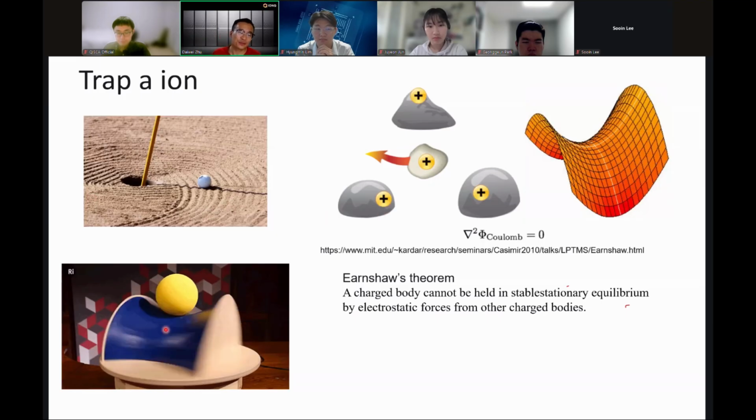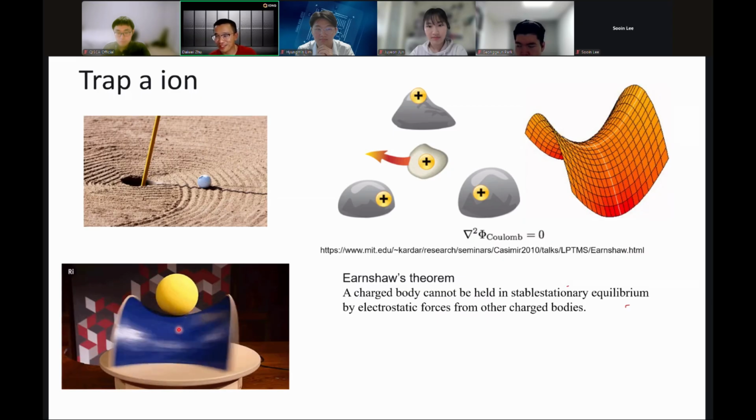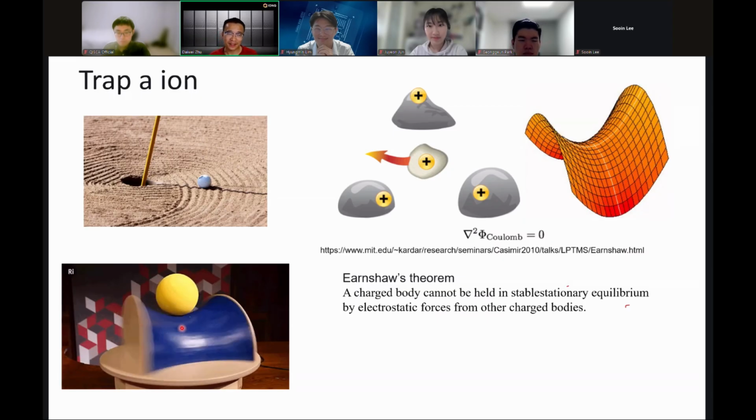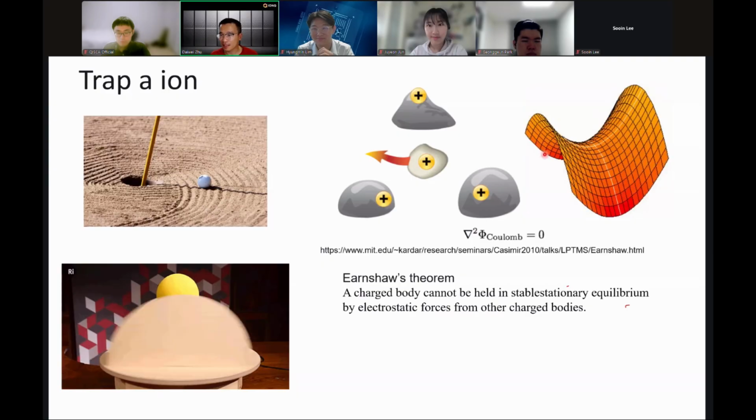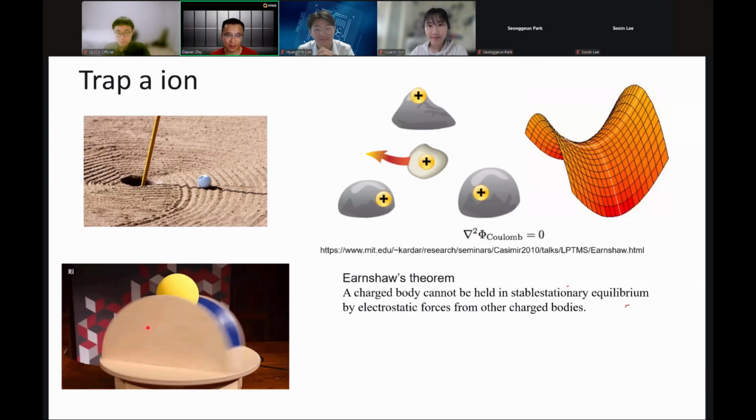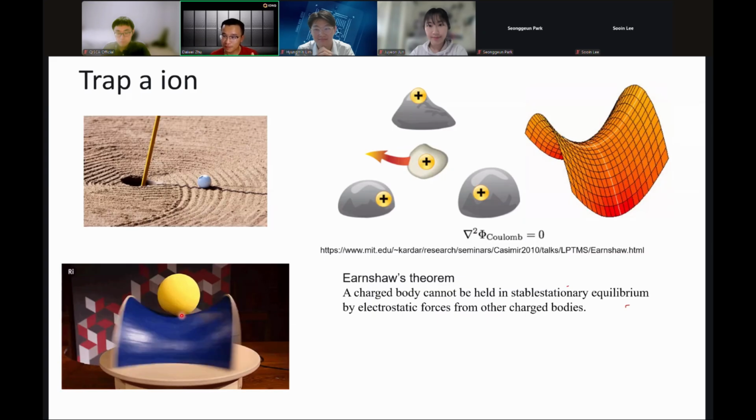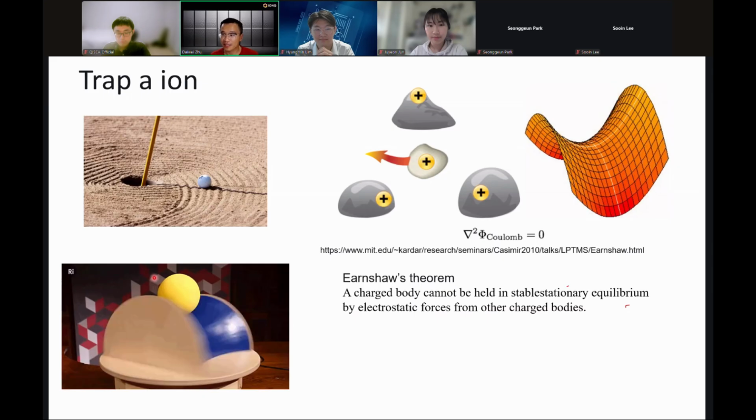I mean, this animation has been playing here for so long, so hopefully you get the idea. The idea is as long as you make the saddle point rotate, and the rotation frequency, speed, and the mass of this ball satisfy a certain relationship, this ball will see effectively a trapping potential. It will see a hole like this, right?